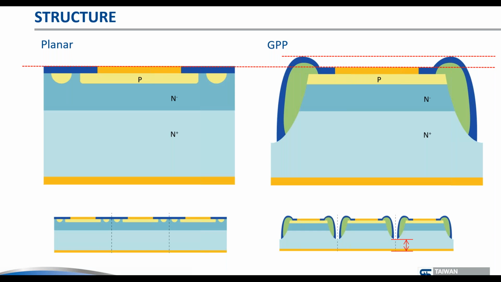On the left-hand side is a planar device, and I think most people with semiconductor backgrounds will be familiar with planar constructions, but the GPP is a little bit of a different product. What you see there, the green thing is glass, the yellow thing is the contact area, and the blue thing is the oxide to provide other protection levels.